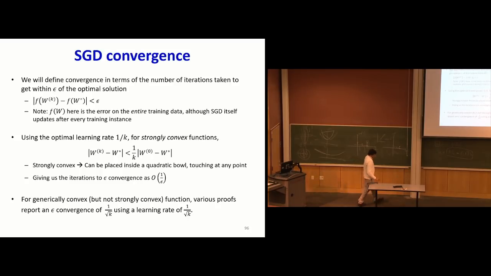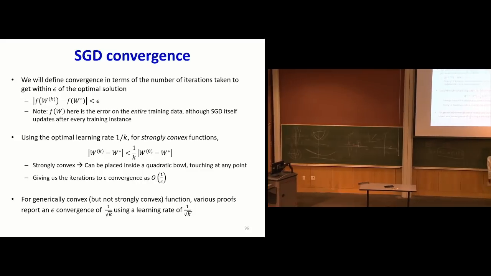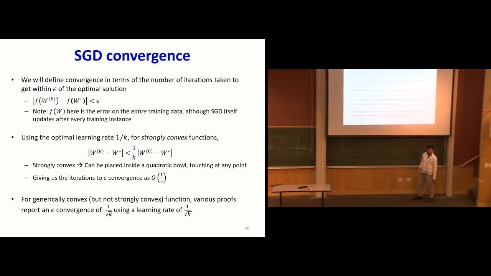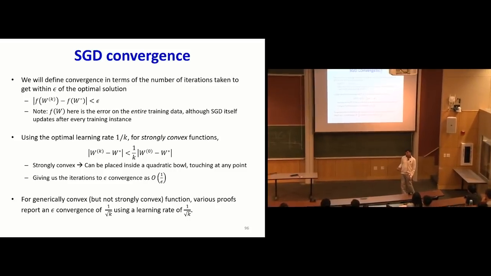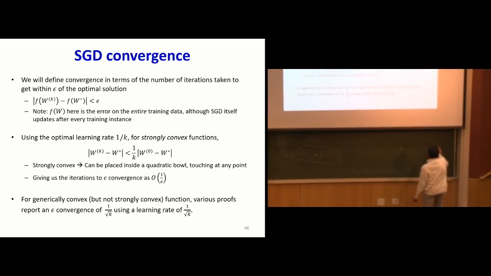Now, there are a couple of different ways to look at this. Let's say this is the optimal location, and the function has some value over here. Your iterations are trying to go towards this point. They may not uniformly go towards it, but the idea is to get towards it.